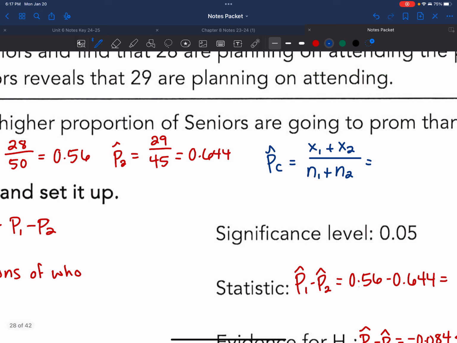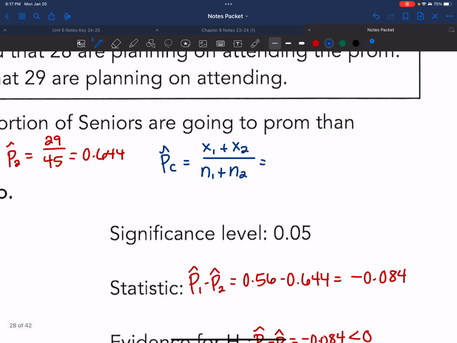Juniors were 28 out of 50, seniors were 29 out of 45. So I'm going to have 28 plus 29 over 50 plus 45. When I add those together and divide it out, I get a p hat c of 0.6. So when I calculate my large counts, this is the proportion that I'm using.